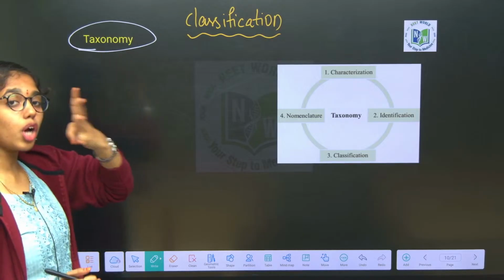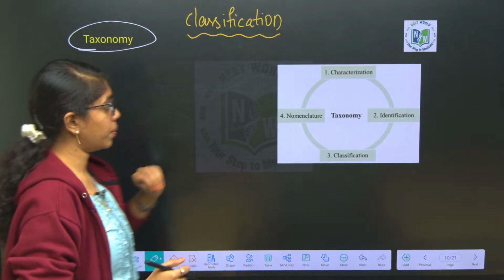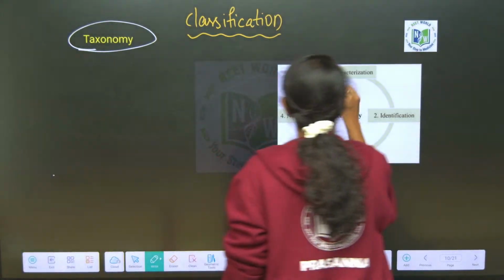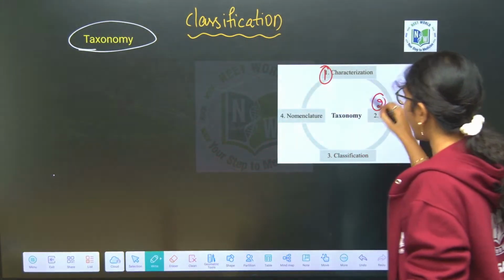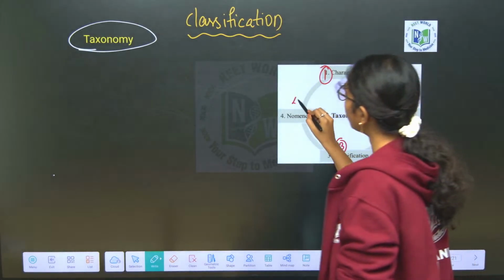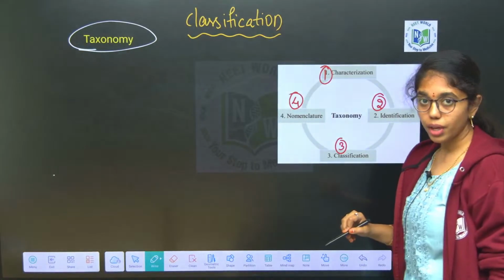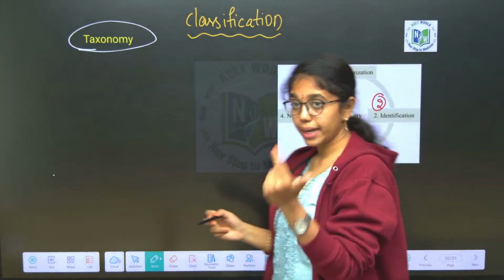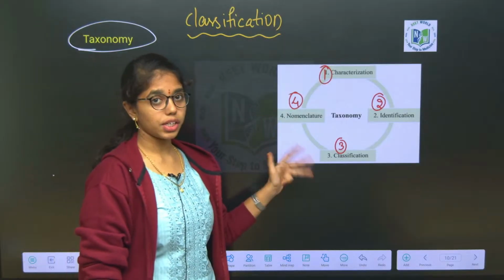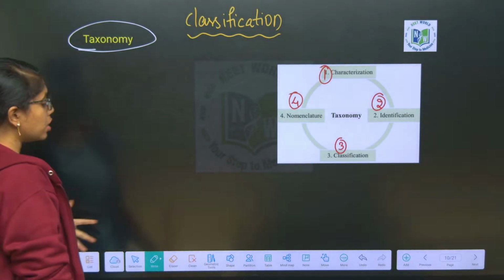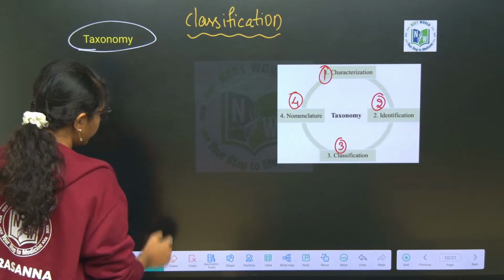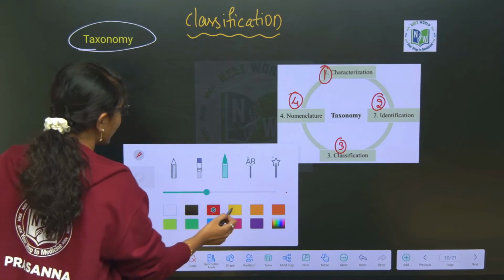There are four components present in taxonomy. First is characterization, second is identification, third is classification, and fourth is nomenclature. These are the four components of taxonomy, and in taxonomy we have 7 obligate categories.